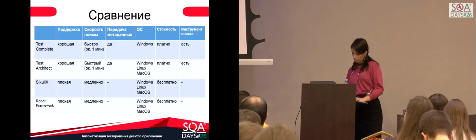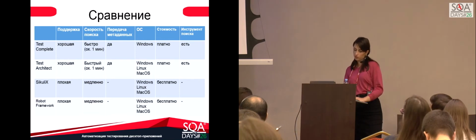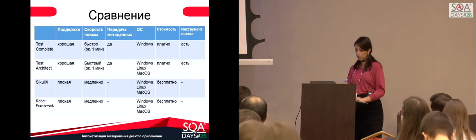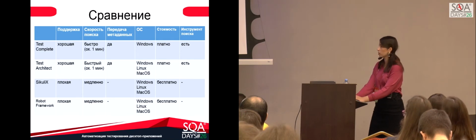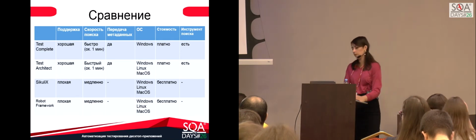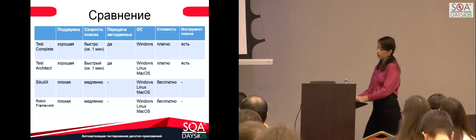And I think we'll now discuss the most interesting comparison, the criteria that were important for us while selecting a particular tool. It is support of its tool, how well support is provided for the documentation of this tool. Does it transfer the metadata, which we needed in certain cases?